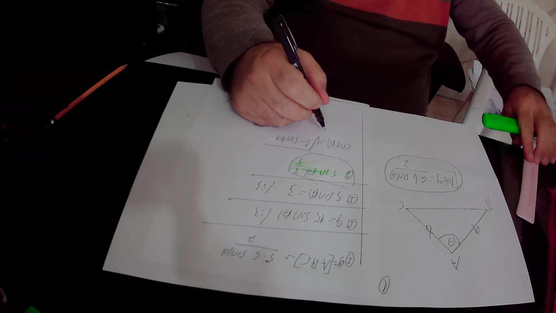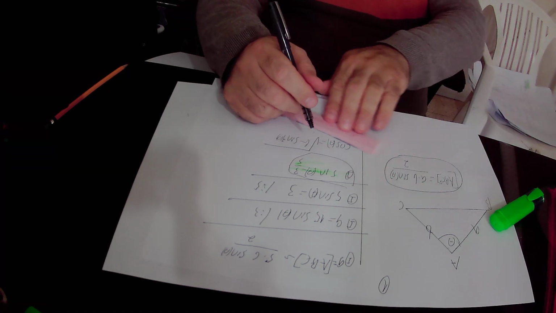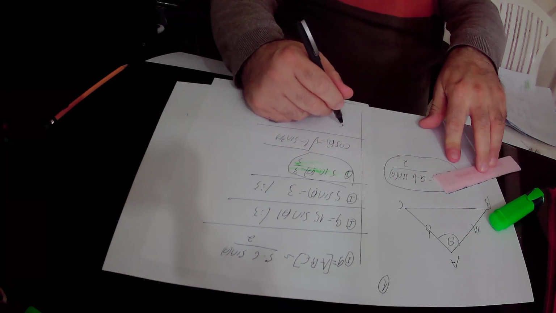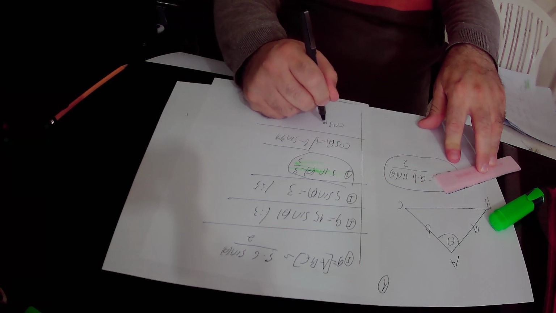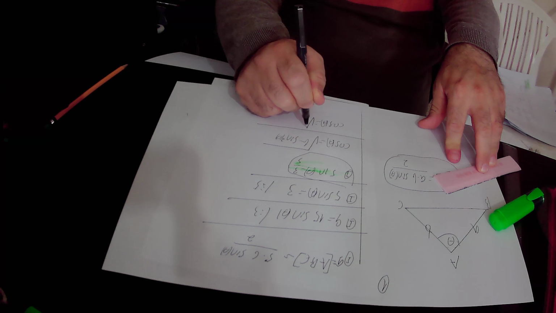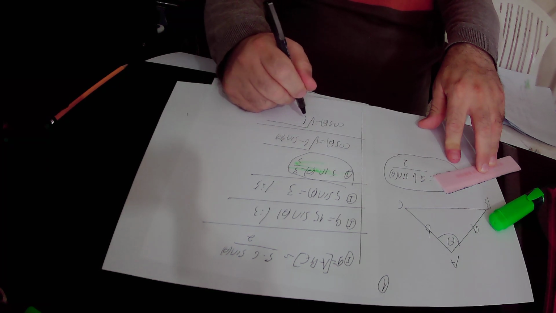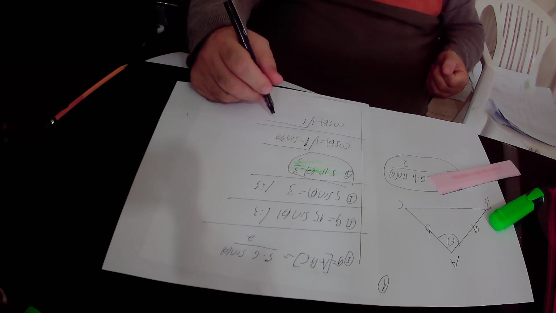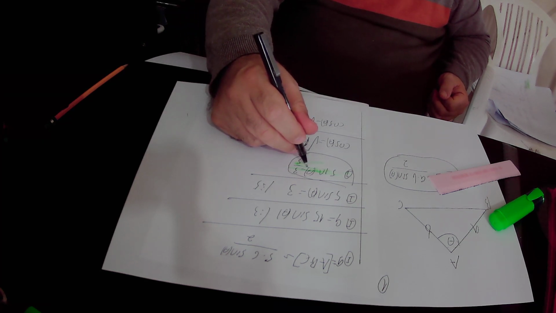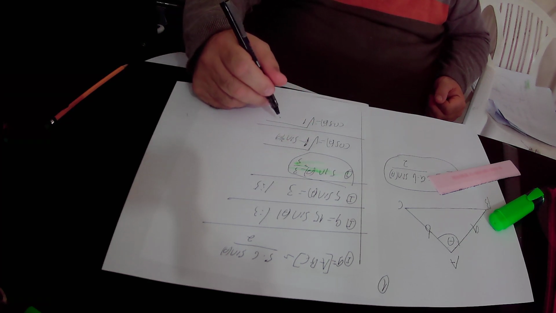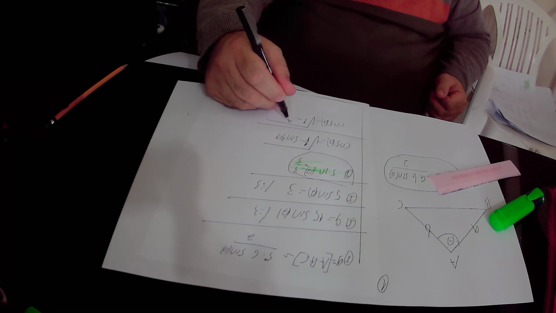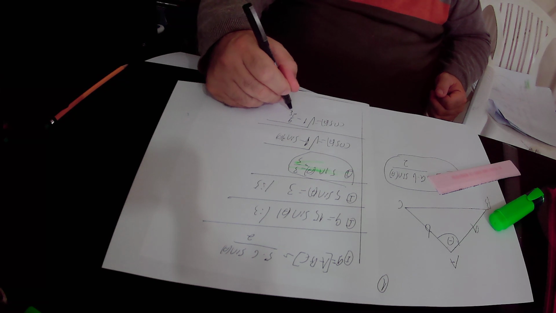That is to say, cosine theta equals the square root of 1 minus sine squared theta. Sine theta equals 3/5. Therefore, sine squared theta will be equal to 3/5 squared. That is, 3 squared is 9 and 5 squared is 25.